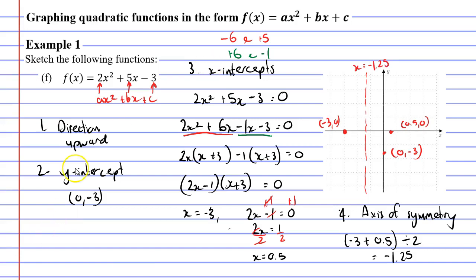Finally, I need to find my vertex. To find my vertex, I simply substitute the x value I got for my axis of symmetry, -1.25, into the function. So we're going to get 2 times -1.25 squared plus 5 times -1.25 minus 3. And I think this is one for the calculator.